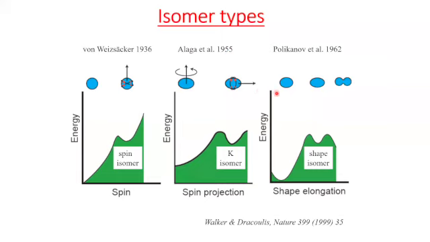And then there are also shape isomers, where the inhibition is not due to angular momentum, as in the first 2 kinds, but to the change of shape of the nucleus. This was first recognized by Polikhanov and co-workers in 1962 in connection with fission, because there were states observed that fissioned with extended half-lives.